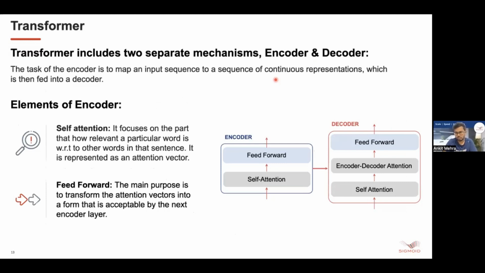Because BERT does not use the decoder, let us only focus on the encoder and see what the different layers are. So the encoder uses self-attention and a feed-forward layer, where the self-attention layer tries to see the relevancy of each word with respect to the other words in a sentence, and the output is a representation of attention vectors. These attention vectors are then fed to the feed-forward layer. The purpose of the feed-forward layer is to transform the attention vectors into a format that is acceptable by the encoder layers.